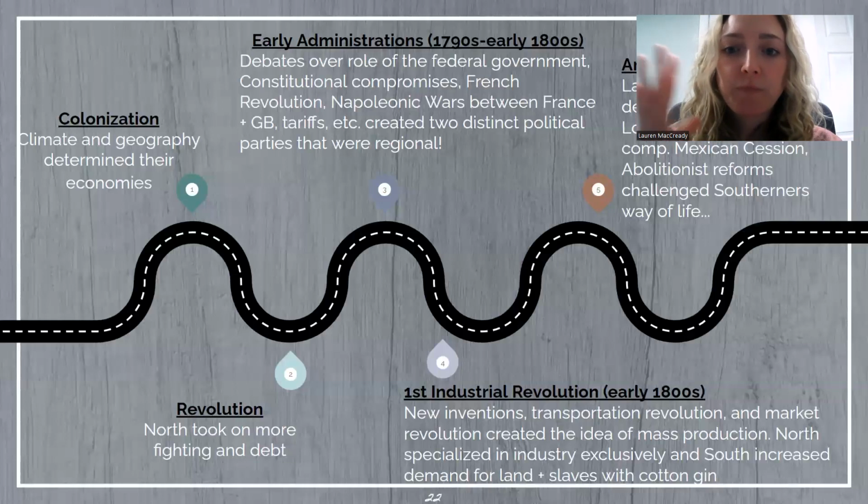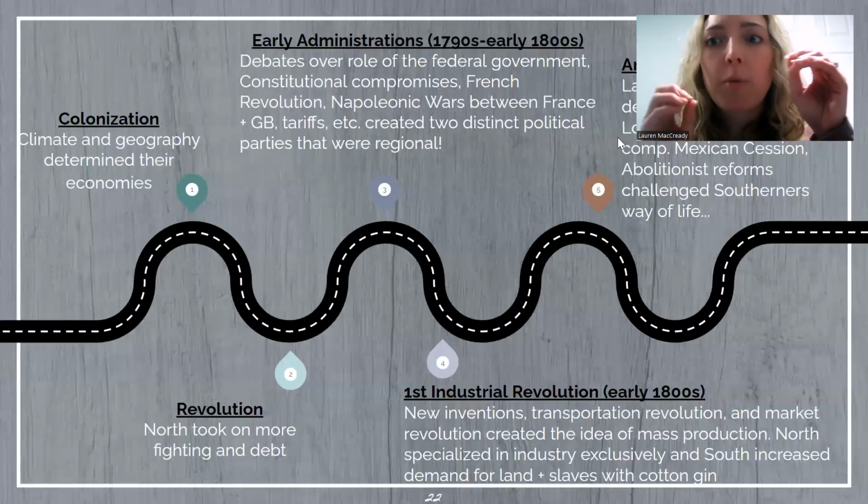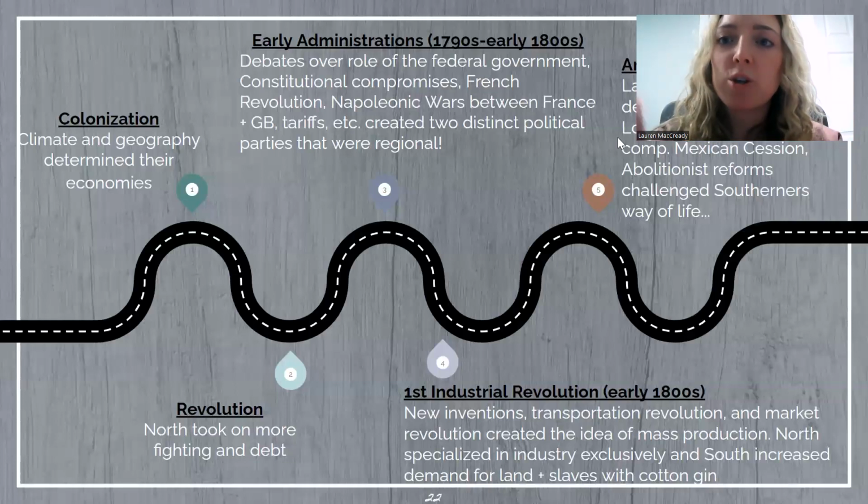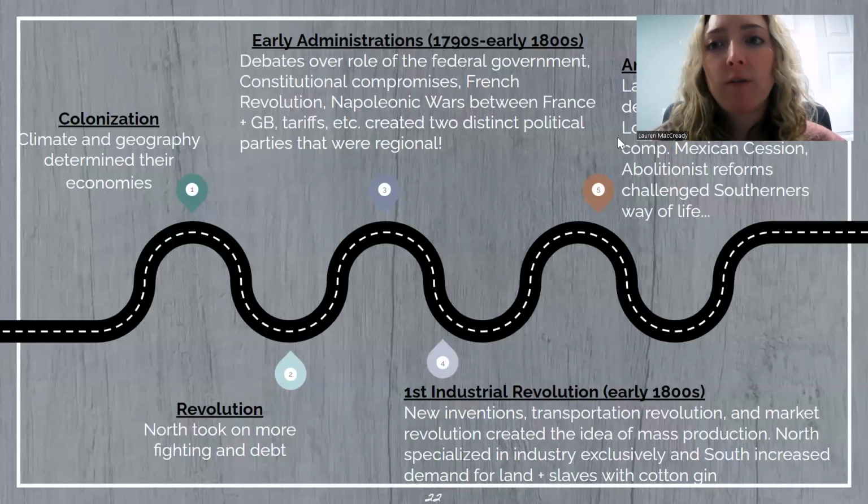And then with the Industrial Revolution, it just further perpetuated that difference between the two regions because the North revolutionized their industry and were able to diversify more and went into mass production, whereas the South dug their heels even more into agriculture and slavery and did not feel the need to diversify because they could depend on the North for that kind of stuff or import it.